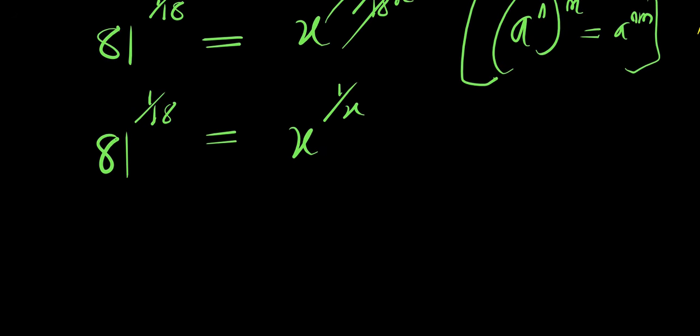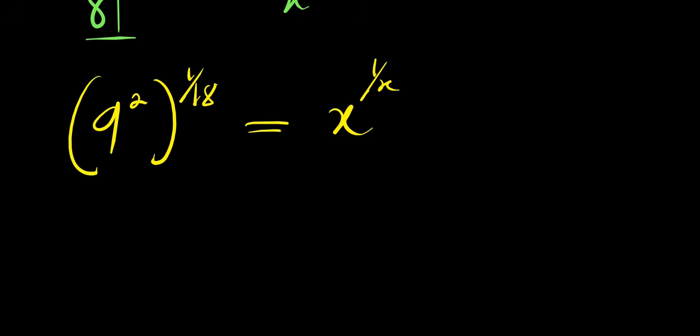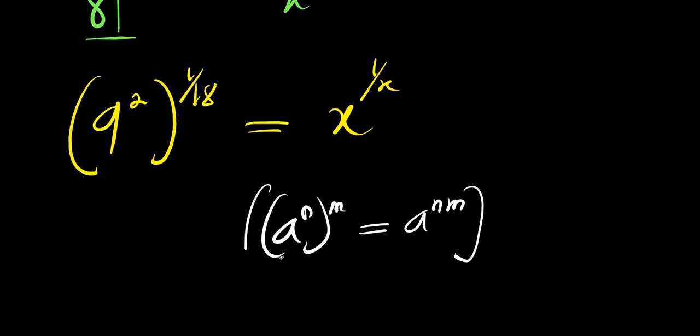Now, 81 here is a perfect square. I can express it as 9 to the power of 2. And this is to the power of 1 over 18. And this equals x power 1 over x. And don't forget, a power n to the power of m equals a power n times m.